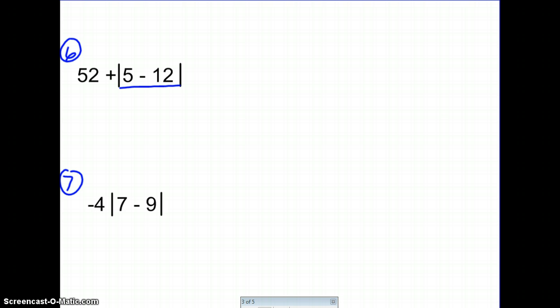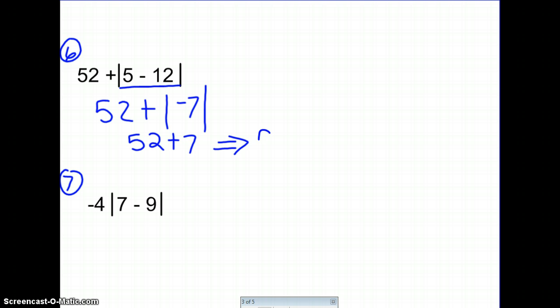So I then look at 52 plus the absolute value of 5 minus 12, which is -7. But again, that's 7 units from 0. So it's 52 plus 7 is how I treat that. And I end up with an answer of 59.